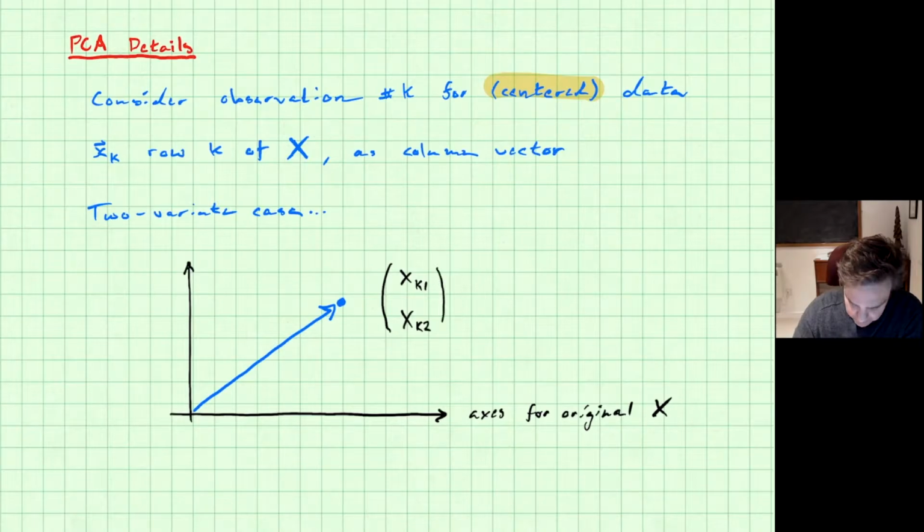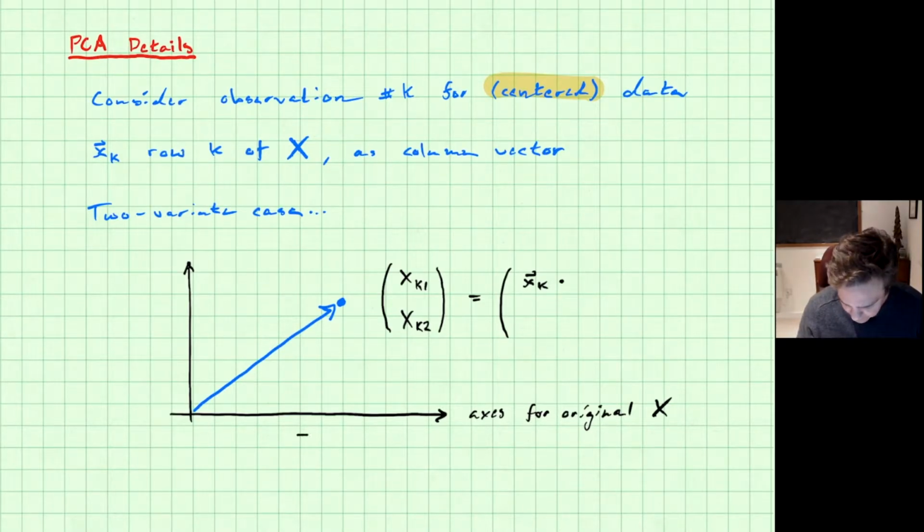So this is a column vector, and you can write it in the following way. It looks sort of clumsy, but you could write that first number, x sub k1, as the projection of the vector xk onto a unit vector in the direction of the horizontal axis.